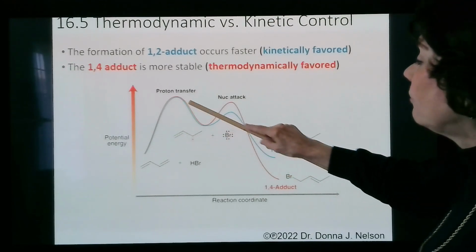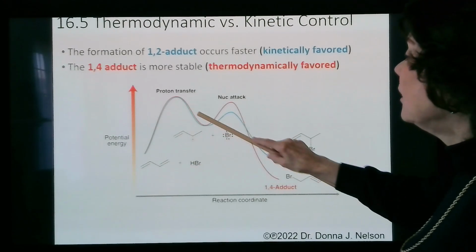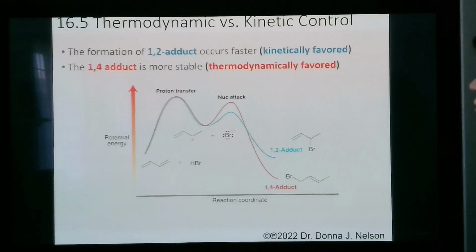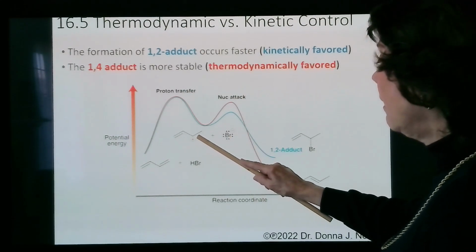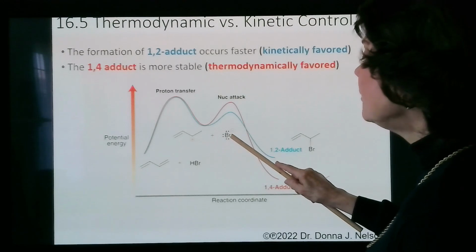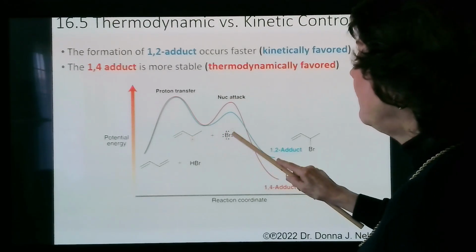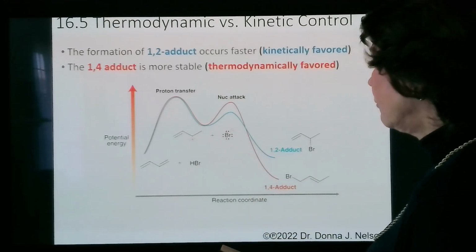So this part of the pathway is followed regardless of what product you're going to. The second step is where the difference occurs. So now we have the allylic carbocation plus bromide in the presence of each other.